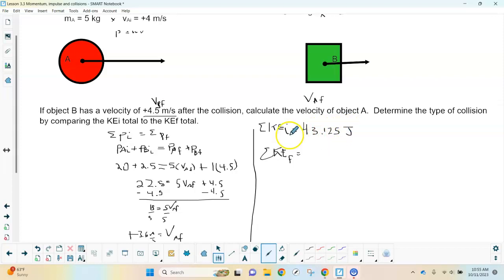That's how many joules you had to begin with, A and B's kinetic energy put together. Afterwards, they don't really convert too much. 42.525 is the final. But you can see those numbers are not the same. So because the kinetic energy initial is not equal to the kinetic energy final, and it doesn't stick together, this is just a regular inelastic collision.